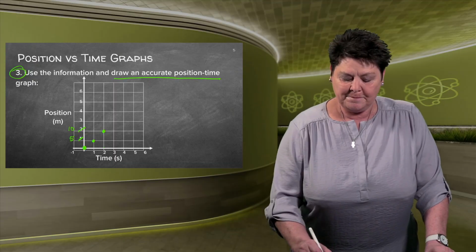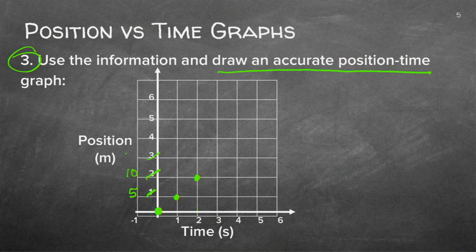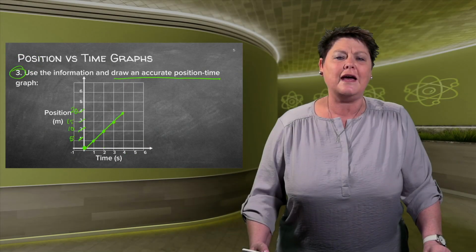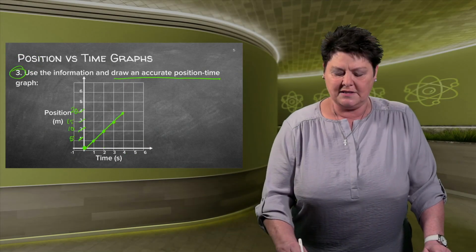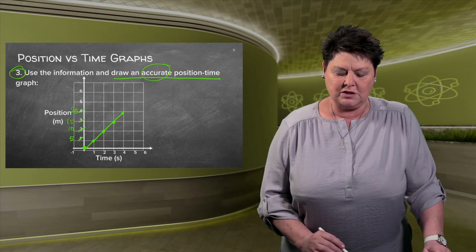Then it's 3 seconds, 15 meters, and 4 seconds, 20 meters. So I just changed the scale on my y-axis and I now have the points, and now you draw your graph with a ruler so that you can have an accurate position time graph.